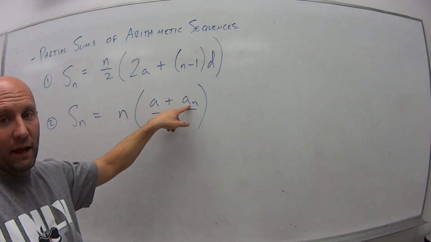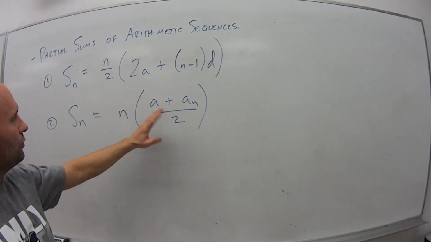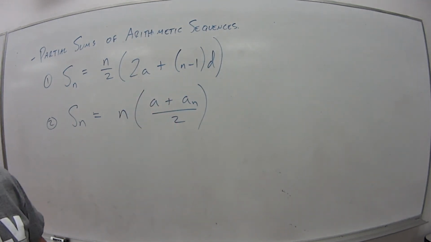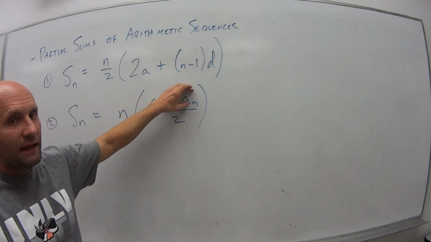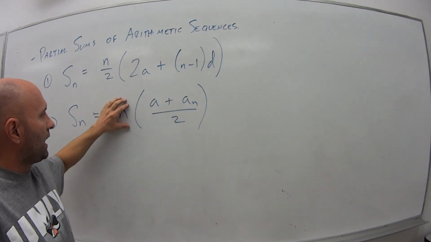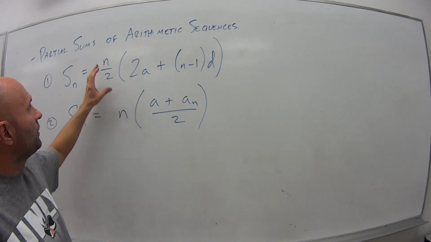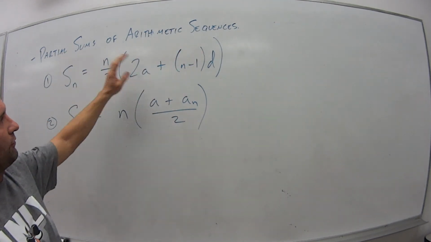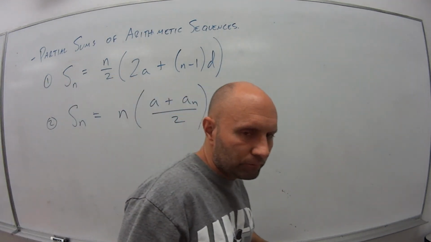A sub n, we'd have to calculate that if we didn't know this first formula. We'd divide that by 2 and then multiply everything together. Again, they give us the same answer. It's just in one case we have the starting and the ending value, and then how many terms have occurred. Or the first one is if we just have the starting and the difference, and then we're trying to find the sum.